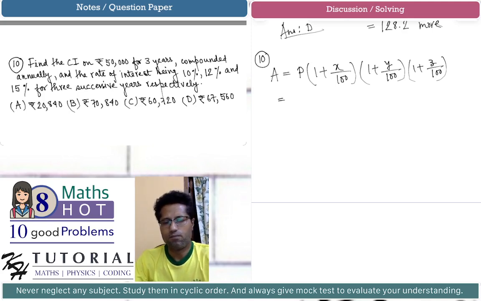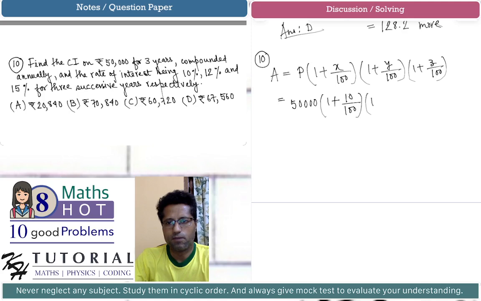So if we now put the values for the given problem, P is the original principal, 50,000. So we have 50,000 multiplied by 1 plus x is 10, so 10 by 100, multiplied by 1 plus y is 12, so 12 by 100, and 1 plus 15 by 100.